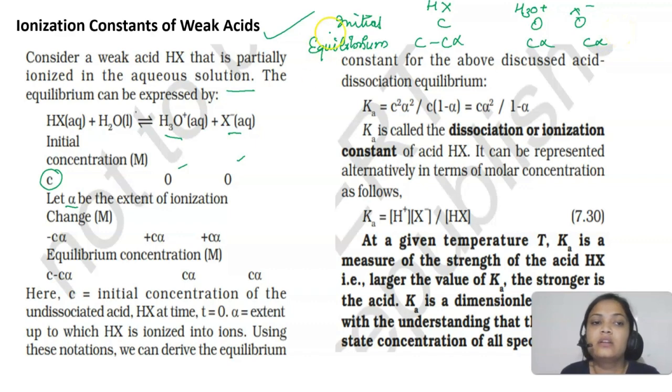Alpha is the degree or extent of dissociation. C is the initial concentration of the undissociated acid at time t equal to 0, and alpha is the extent up to which HX is ionized, that is how much HX has ionized. So what we are basically doing, students, we have already studied about this alpha, we are just trying to derive the equilibrium constant in terms of alpha.